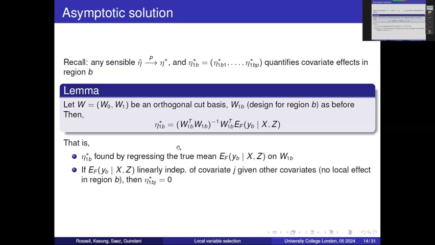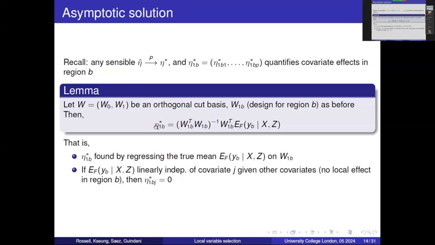So in words, what this means is that the optimal parameter value is found by regressing the true mean on these local effects. Therefore, if this true mean is linearly independent of a covariate, given the other covariates, so there is no local effect, then it follows that this is equal to zero.